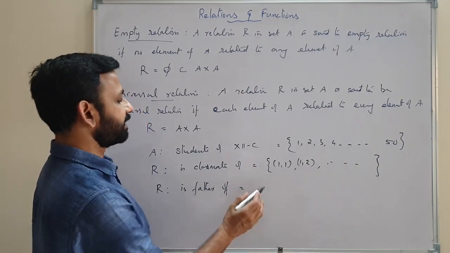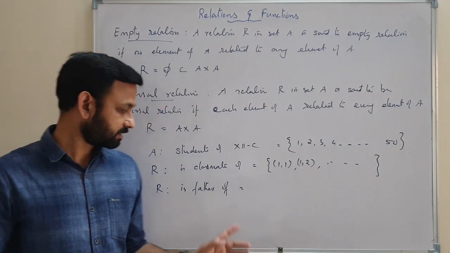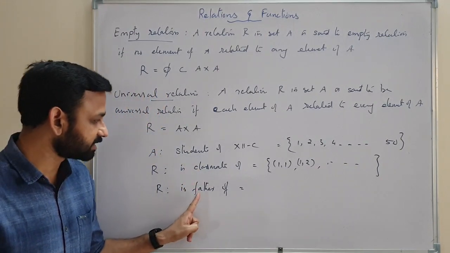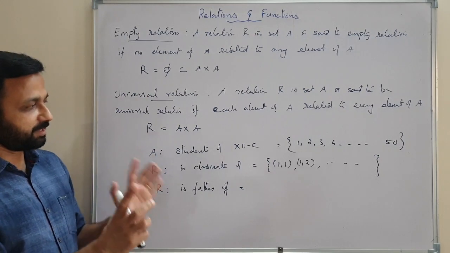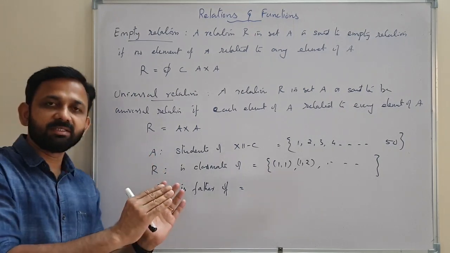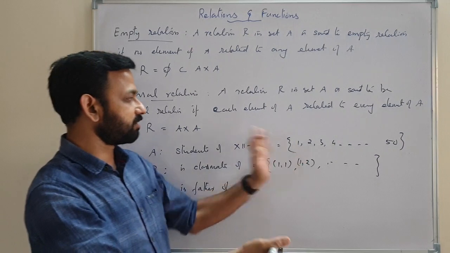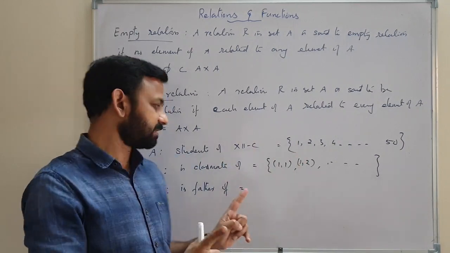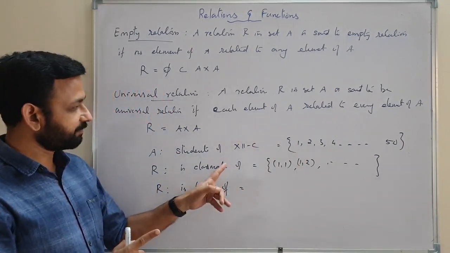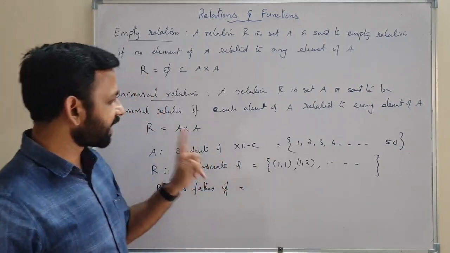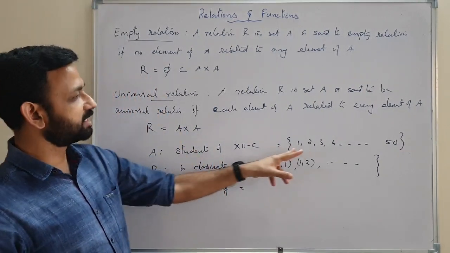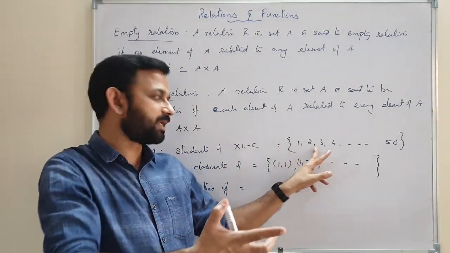Now we are going to find elements here. The relation is father of. If we can find a pair in which one student is father of another student in 12th C, then that relation will not be empty. So can we find one student who is father of another student in 12th C?